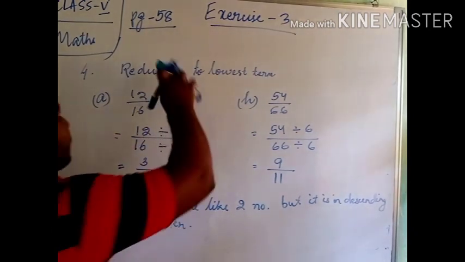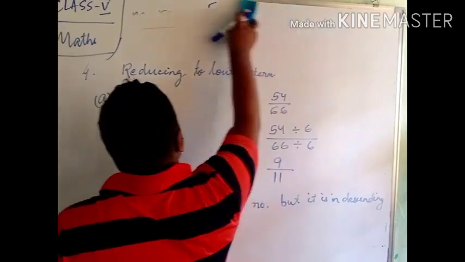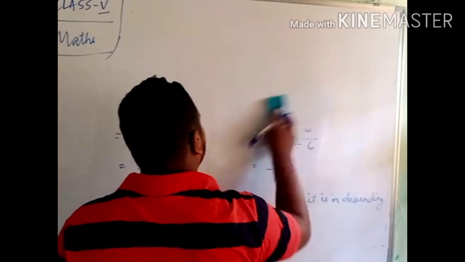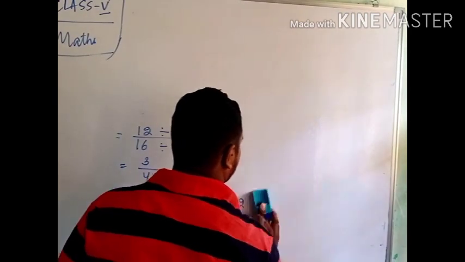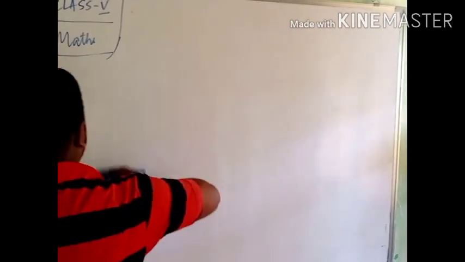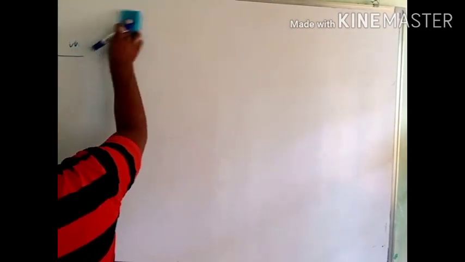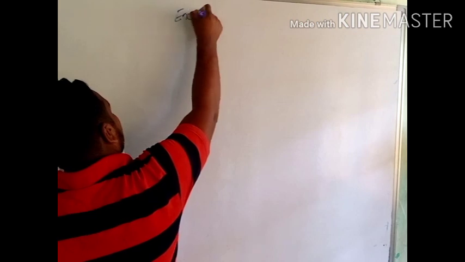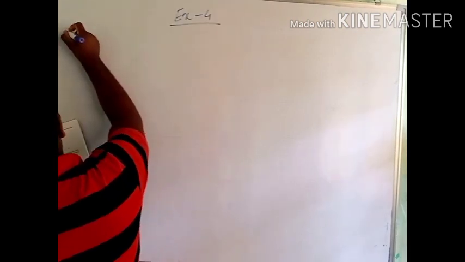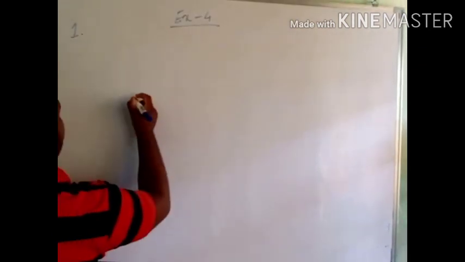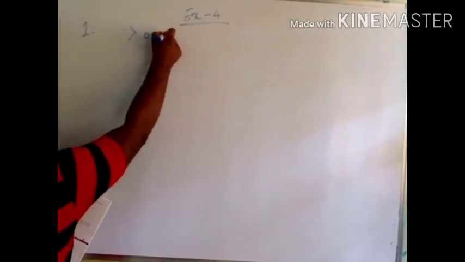Okay. Now let me rub this one and I will tell Exercise 4. Exercise 4, 1 number question. Same. Fill in the blanks with greater than or less than symbol.